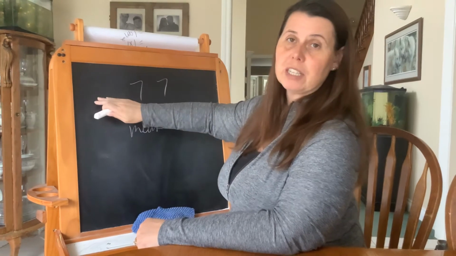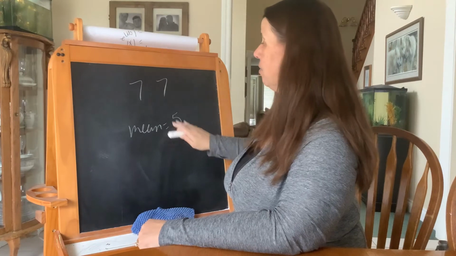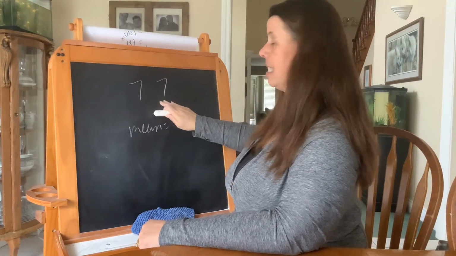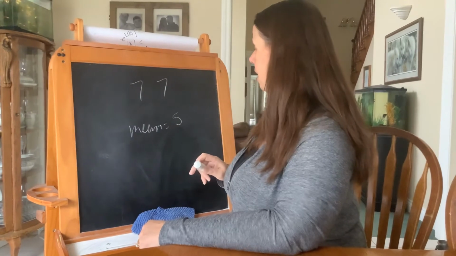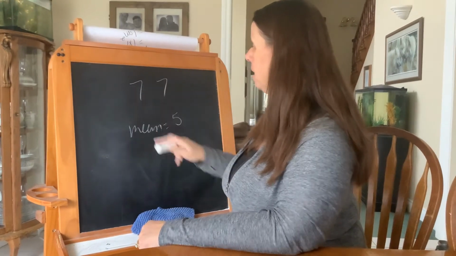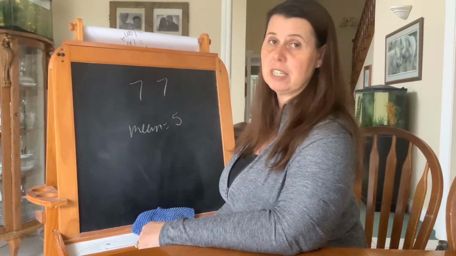Clearly it has to be a smaller number than 7 because I need to drag the mean down to 5 when right now it's at 7, right? So 7 and 7 is 14. If I add one piece of data, that means I'm going to divide by 3, right? 1, 2 plus my new piece of data.